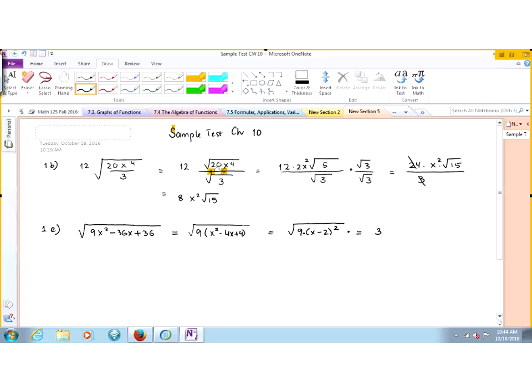Square root of 9 is 3. Square root of x minus 2 squared is x minus 2. So this one has to be absolute value. 3 times absolute value of x minus 2. Yes.